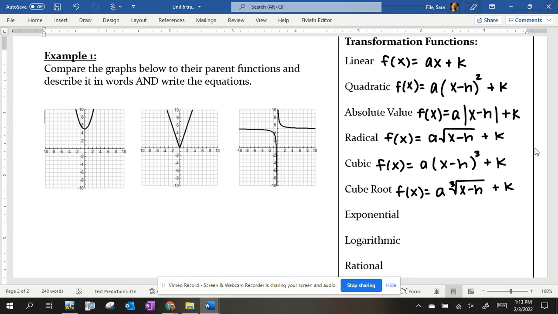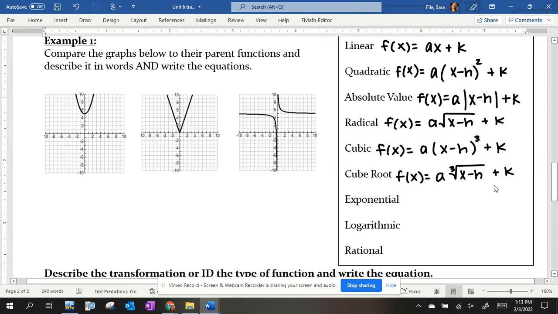Now, exponential, log, and rational tend to be a little tougher. Those are the tougher functions, newer ones. These are the 3 functions that have asymptotes, right? None of those above have an asymptote. These 3 have asymptotes, just as a reminder. An exponential function has x in the exponent.